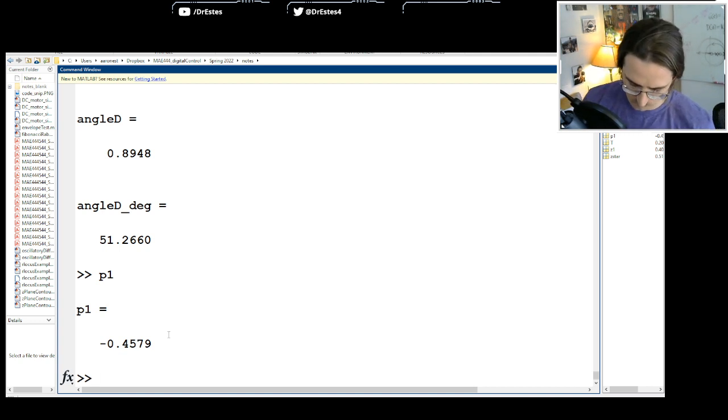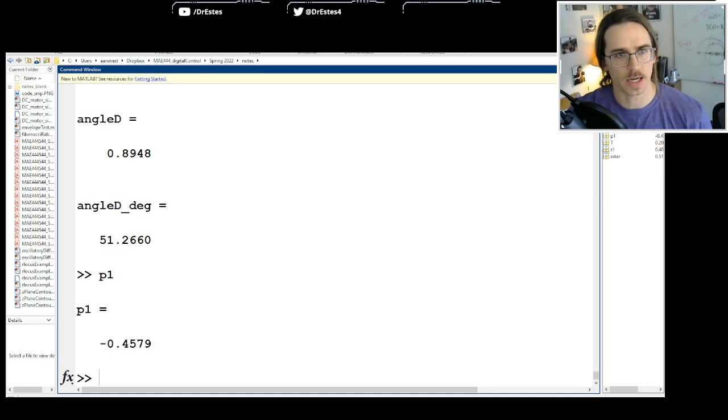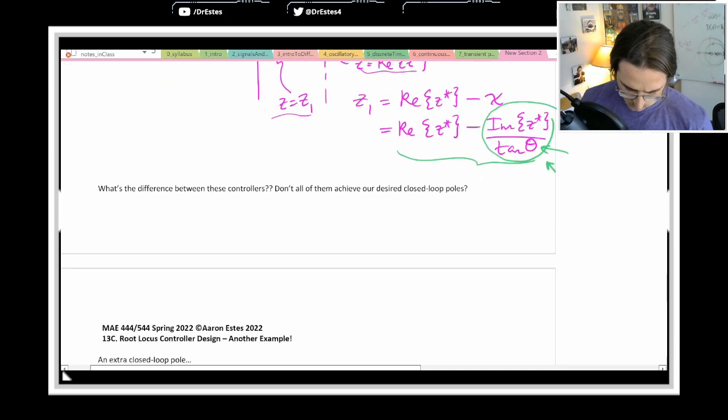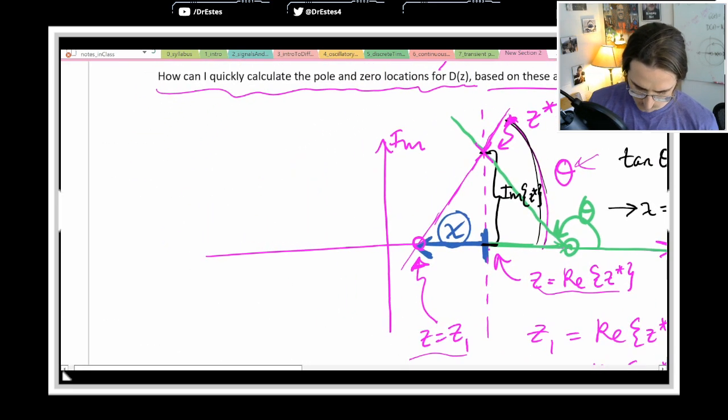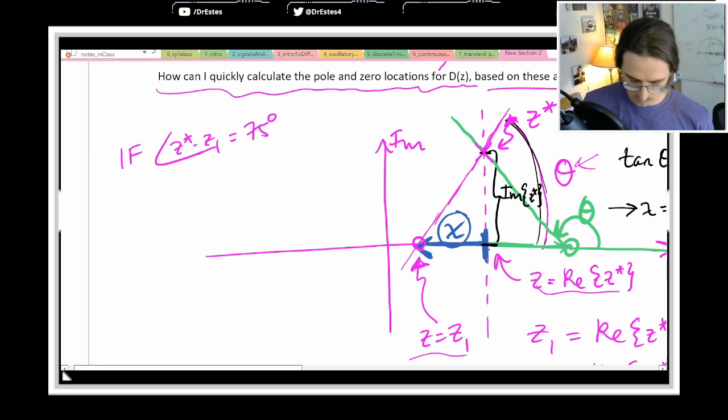Let's go back here really quick. So I'll put this right here. If the angle of Z star minus Z1 is 75 degrees, then here's the formula for our controller.